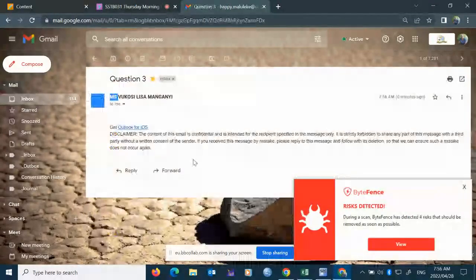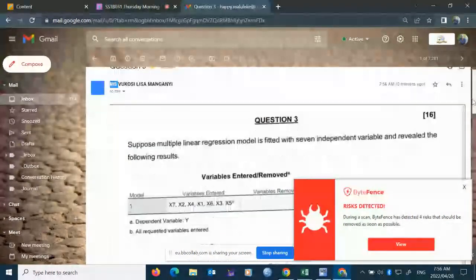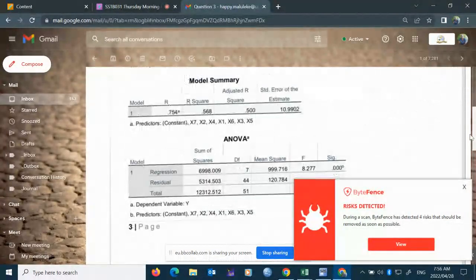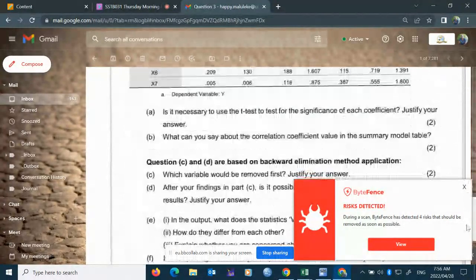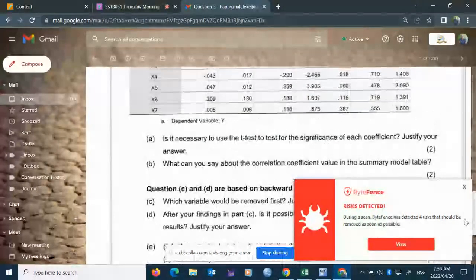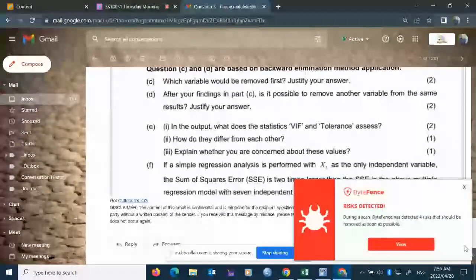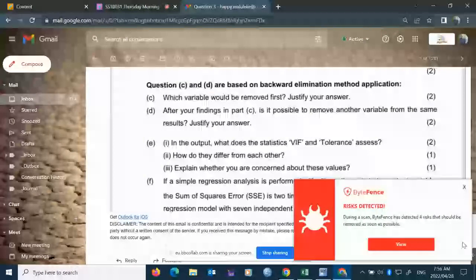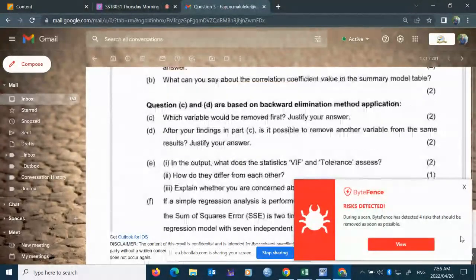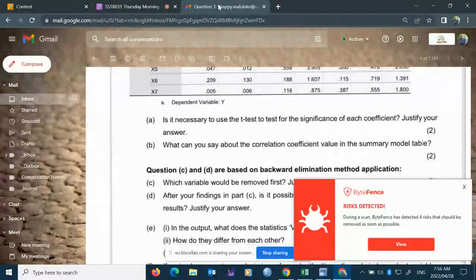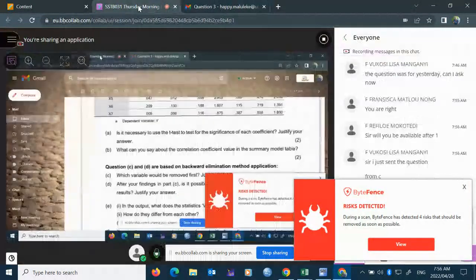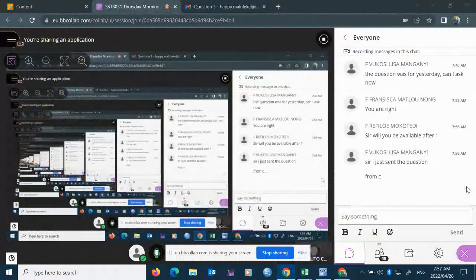Let me check the question. Which one, leadership? Let me check. So share these question papers with others, but don't memorize, because I'm not a fan of repeating questions.